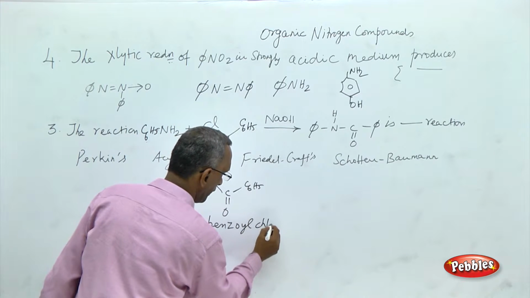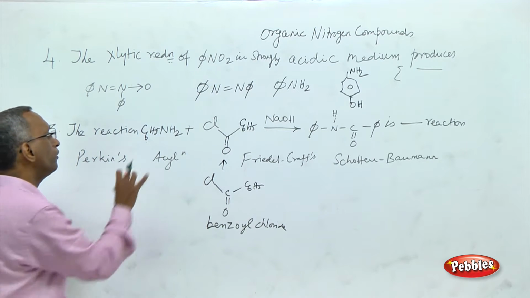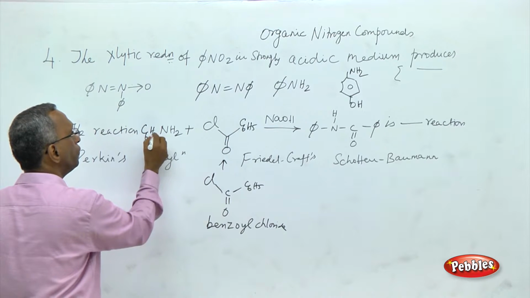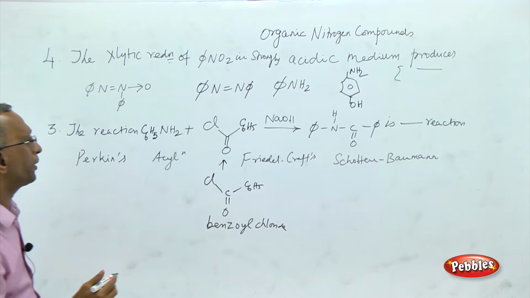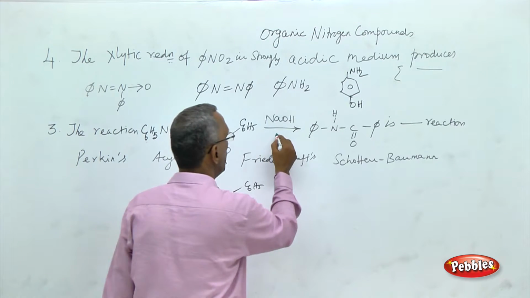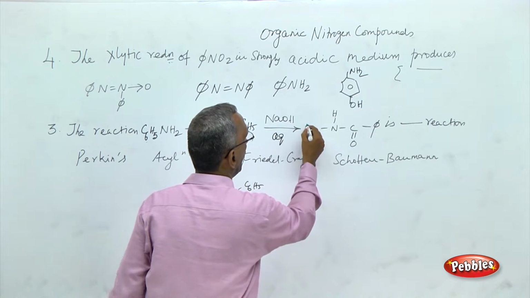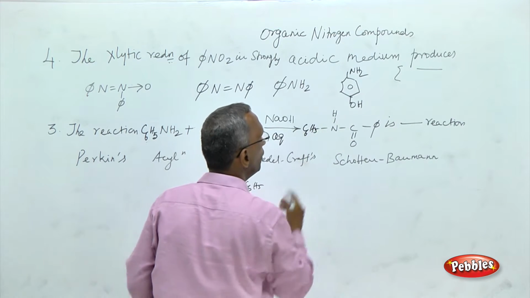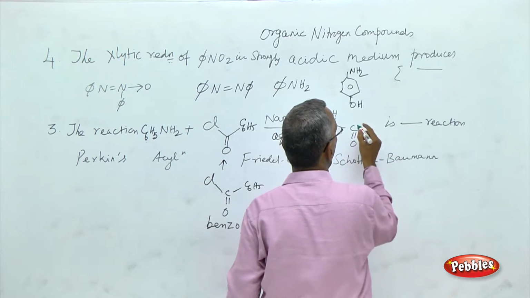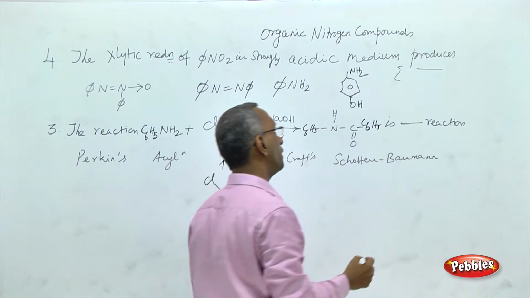So the reaction of aniline, or aminobenzene, with benzoyl chloride in the presence of NaOH, an aqueous solution of NaOH, gives a derivative, that is C6H5NHCO C6H5. This compound is called a dash reaction product.